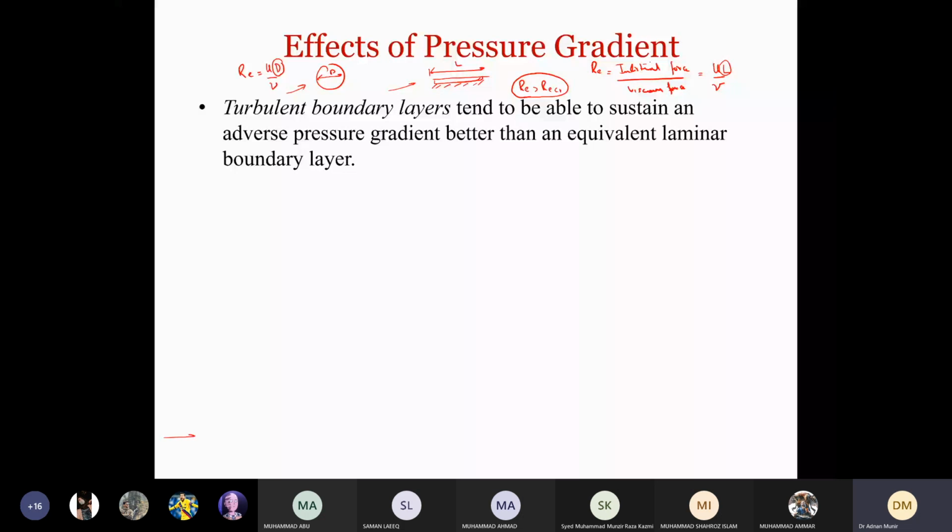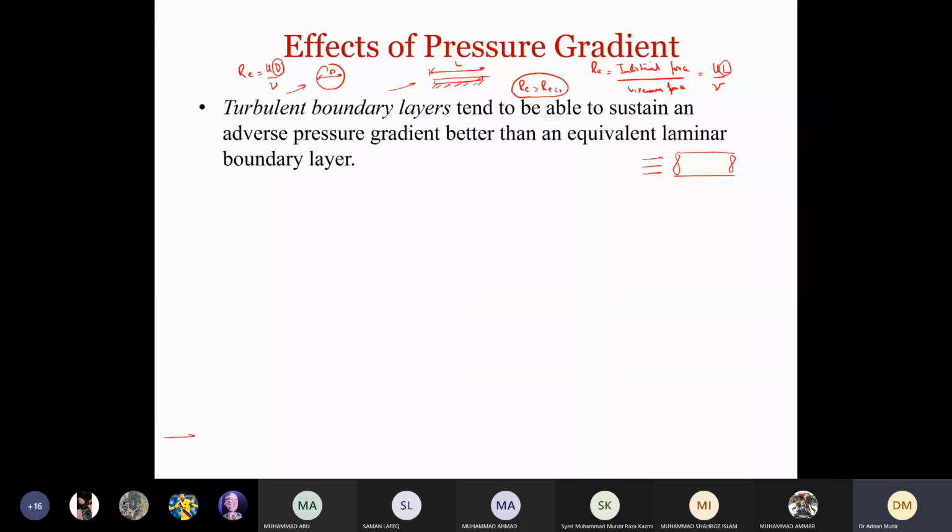For internal flow, such as flow inside a pipe, we also have transition from laminar to turbulent flow, and in that case the critical value of Reynolds number will be different. In this lecture or chapter, we will mostly be focusing on immersed bodies. Immersed bodies are those bodies which are subjected to external flows.